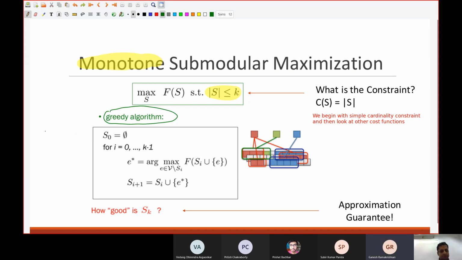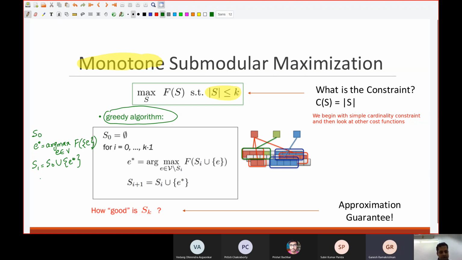Then for S1, you identify E star across all the elements E in the set V minus S0, which is the set V, of just F on E, because the current set is empty. Right. So then what you'll do is you'll have S1 equals S0 union E star.